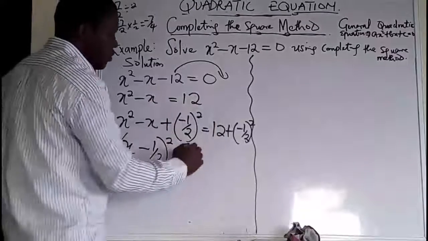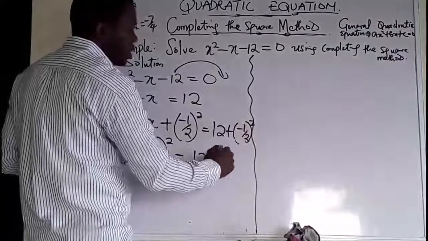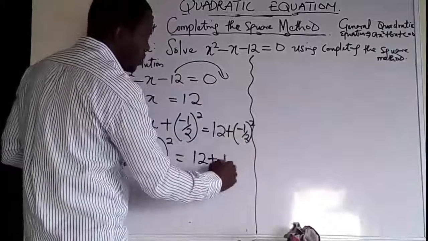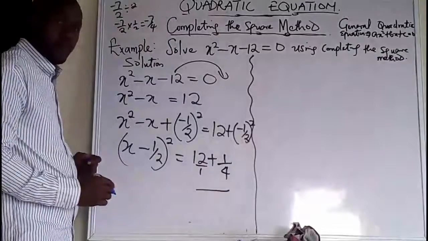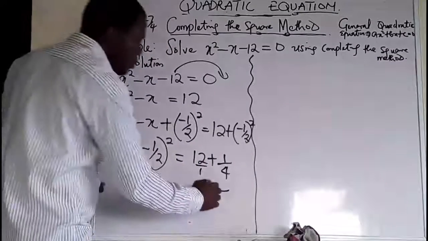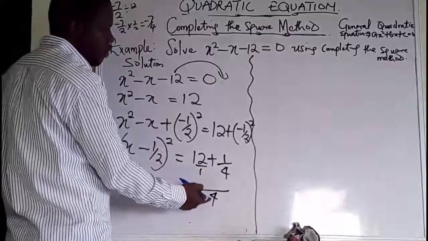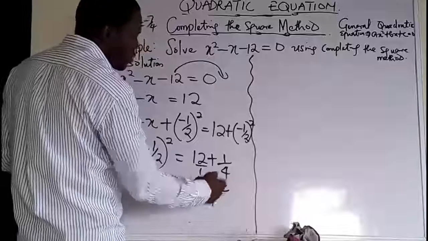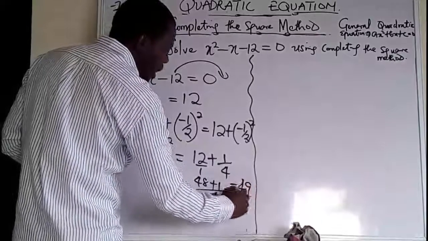On the right side, we solve 12 plus minus 1 squared, which is 1, over 2 squared, which is 4. Let us find the LCM of the two, which is 4. 4 times 12 is 48, plus 1, so our answer is 49 over 4.